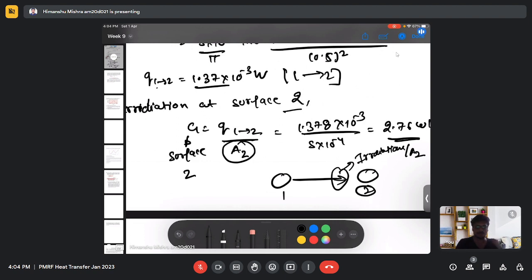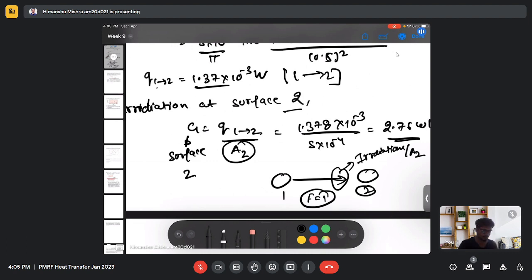In that case, it depends upon the directionality of the radiation, and based on the directionality, my view factor will decide which surface receives how much heat radiation. So here my view factor is 1. That means whatever there is emission from surface 1, all the emission will be captured by surface 2.